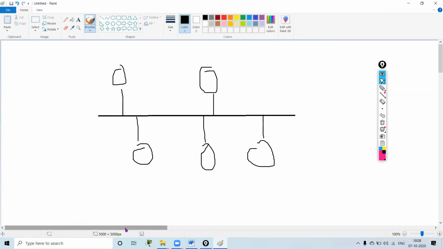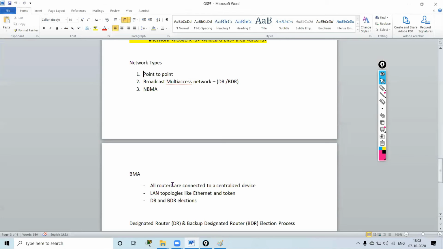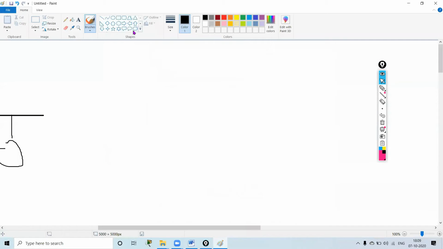Before moving to DR and BDR, there is one more type of network, that is the non-broadcast multi-access network, NBMA. As the name says, in this type of network there is no possibility of broadcast.